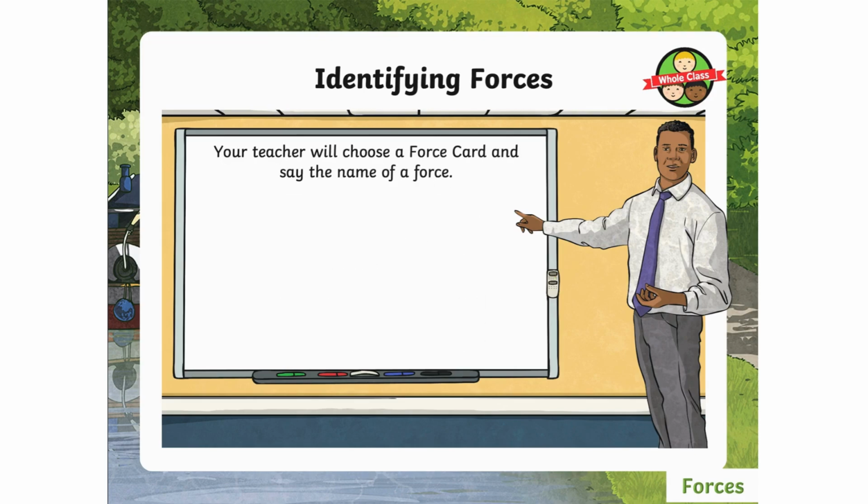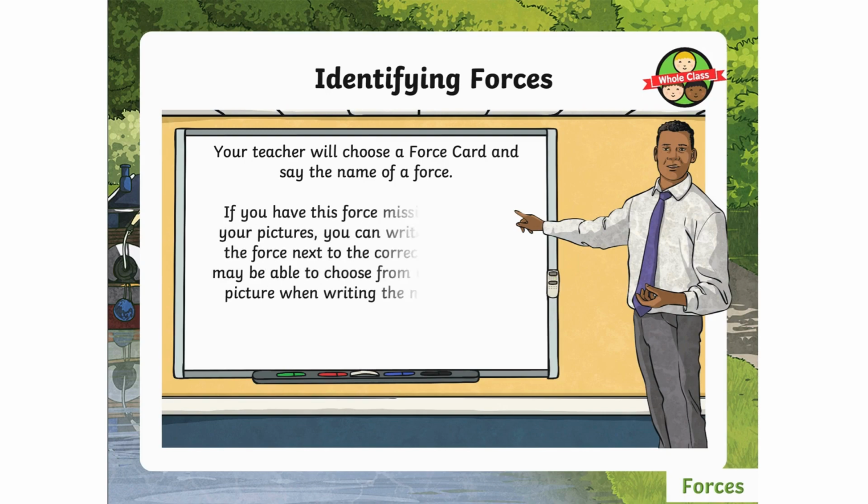What you're going to do is choose a force card and say the name of a force. If you have this force missing on one of your pictures, you can write the name of the force next to the correct arrow. You may be able to choose from more than one picture when writing the missing force. You may pause and read again to get the instructions clear.